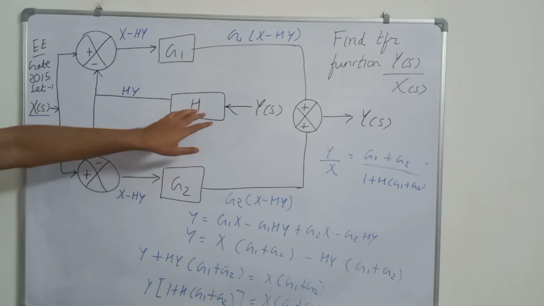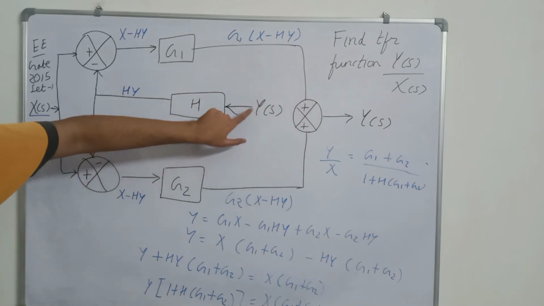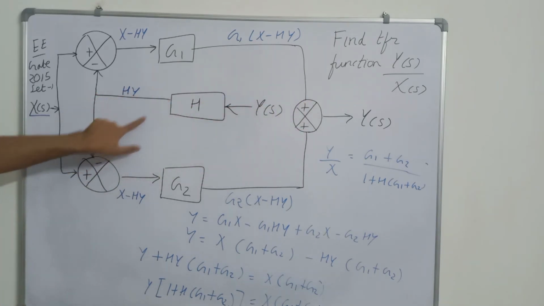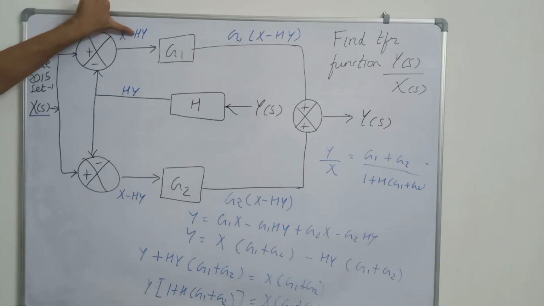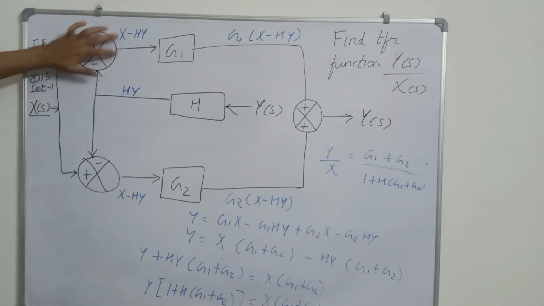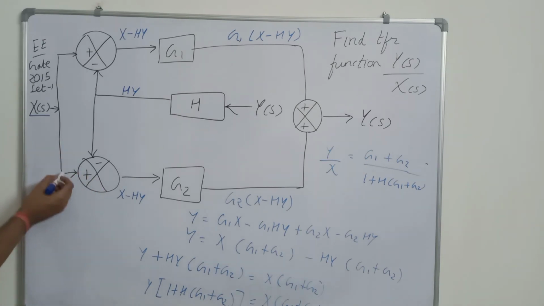We don't have to do anything special. Here H and Y were getting multiplied, so we multiplied H and Y. Here X was getting added to the difference of HY, so X minus HY. This is a summation block, so X minus HY, and again X was getting added with a plus sign and HY with a minus sign.